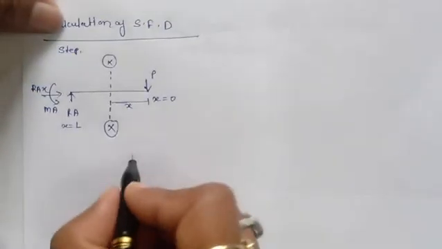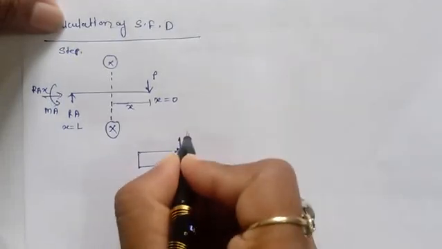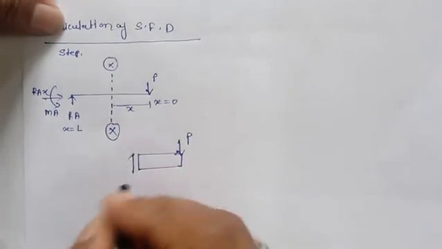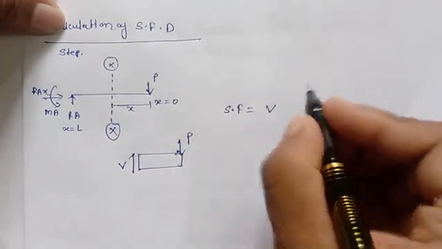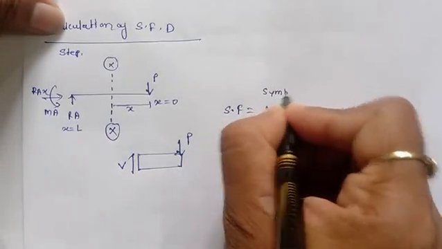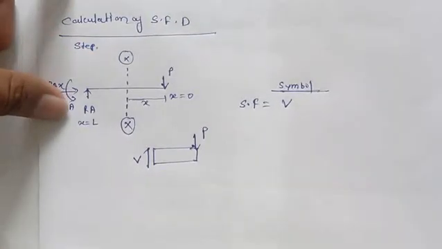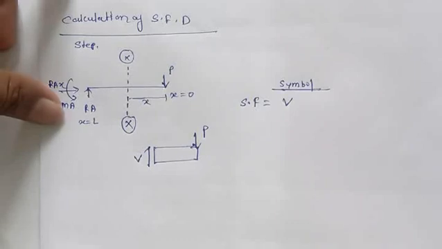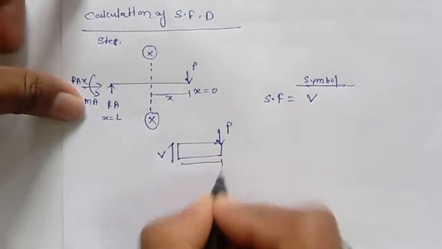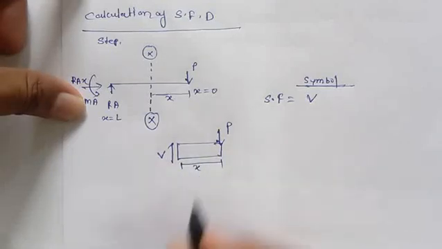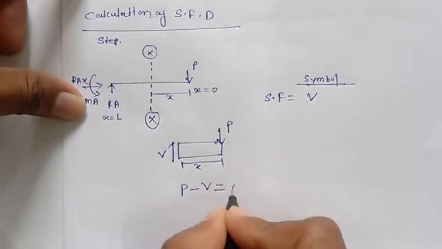If I draw these things, this is the beam where P is acting here, and the symbol for the shear force is V. I am giving the shear force as V up to the section X. The downward force will be positive and the upward force will be negative.